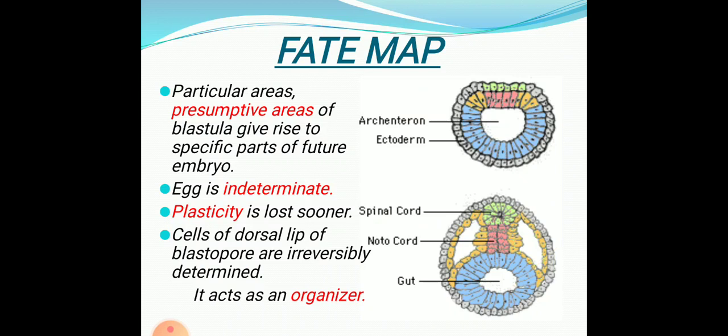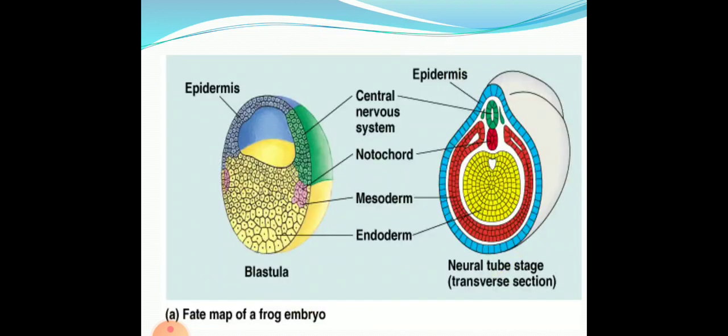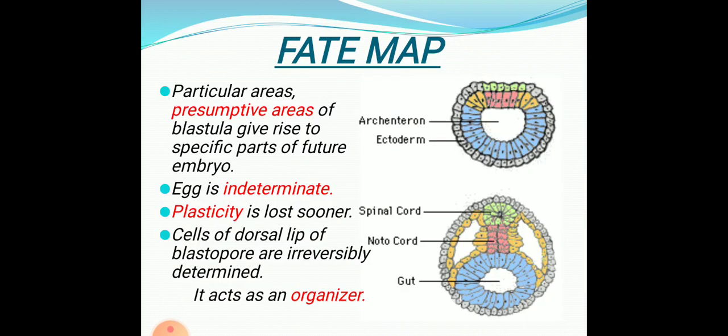In the fate map, the macromeres of the vegetal pole develop into the endoderm, because the 3 germ layers have to be formed. From these 3 germ layers, endoderm, ectoderm, and mesoderm, only the organs are formed.